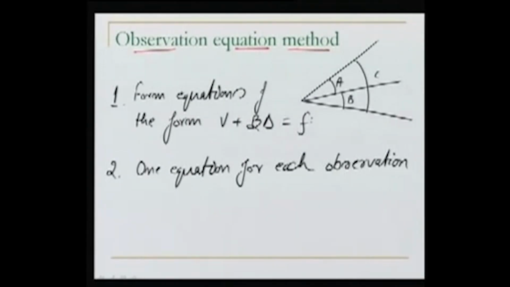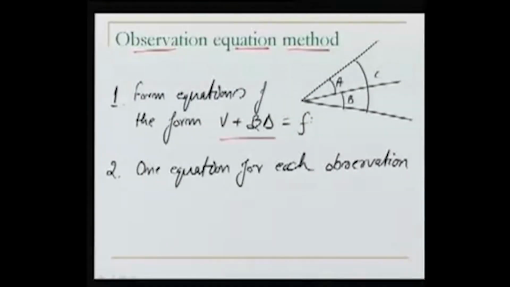If you recall from our last-to-last lecture, we write the observation equations in which we include the observations as well as the parameters. For each observation we write one equation, and finally we write it in the form V plus B delta is equal to F.